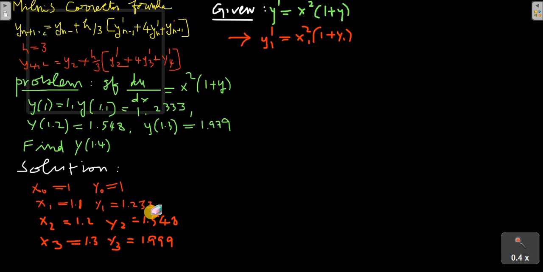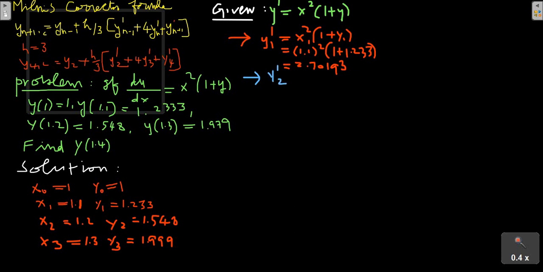So we get x1, which is 1.1, the whole square, into 1 plus the y1 value, 1.233. Now the final solution for this would be 2.70193.